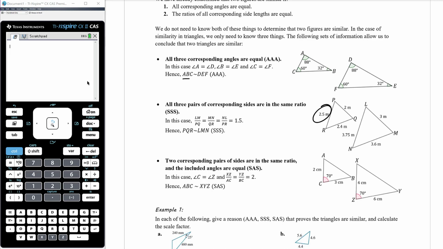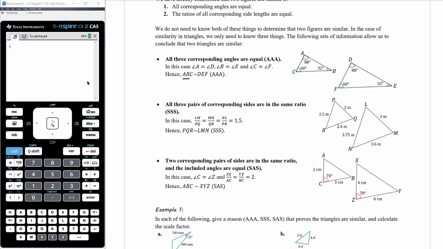Or you could do those ratios the other way around: 3 divided by 2, 3.6 divided by 2.4, 3.75 divided by 2.5. Obviously you want to make sure that your triangles are oriented the same way, so you're dividing the longest side in one triangle by the longest side in the other. That's what it means by corresponding sides.